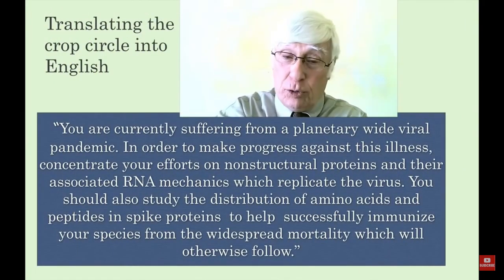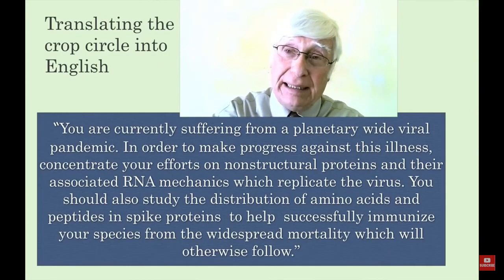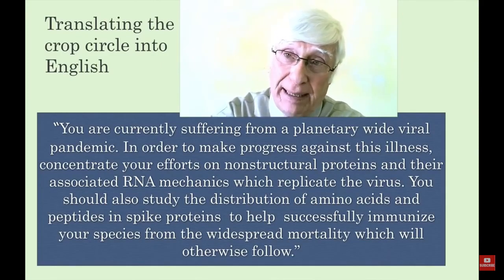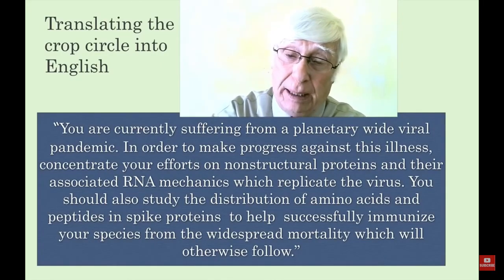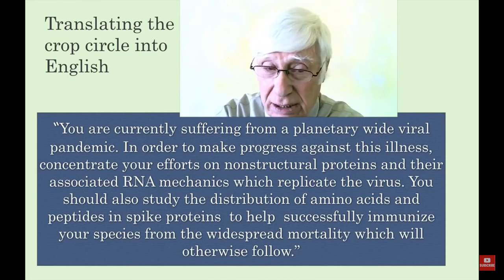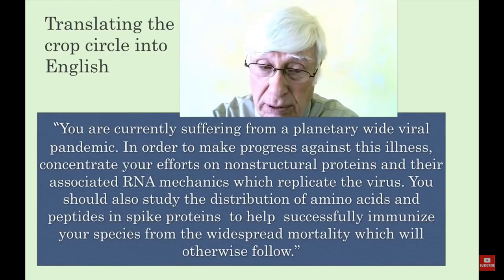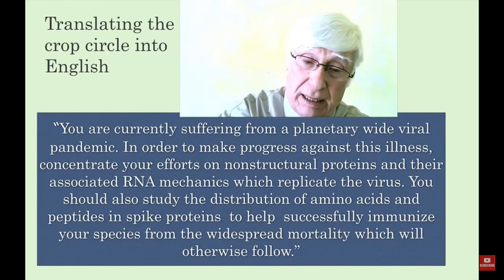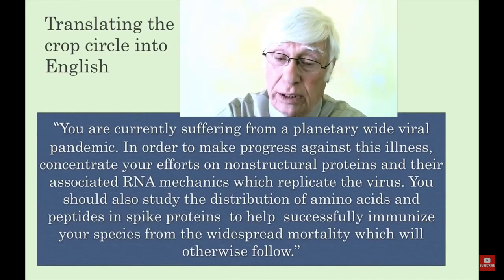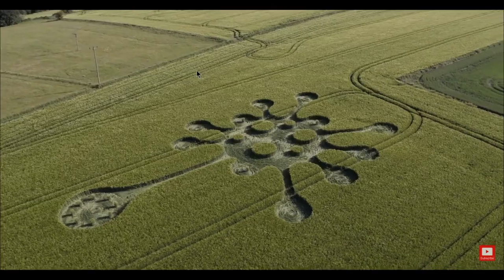Quote, you are currently suffering from a planetary-wide viral pandemic. In order to make progress against this illness, concentrate your efforts on non-structural proteins and their associated RNA mechanics which replicate the virus.